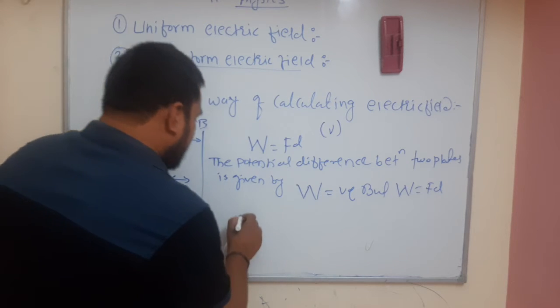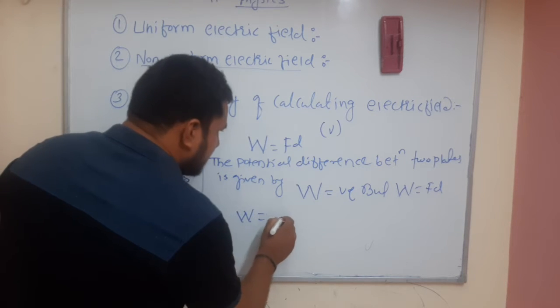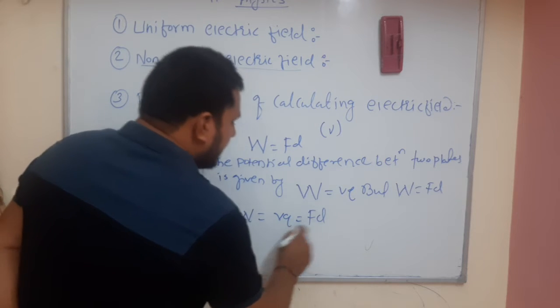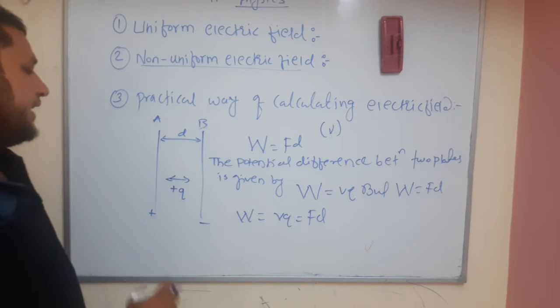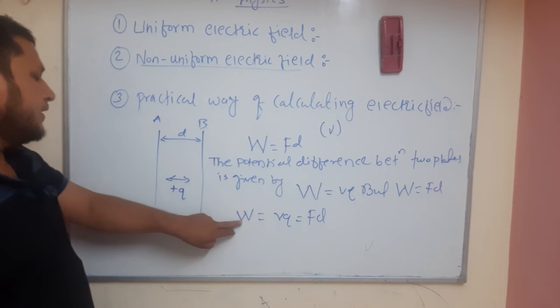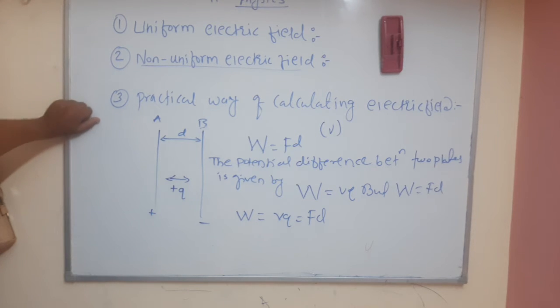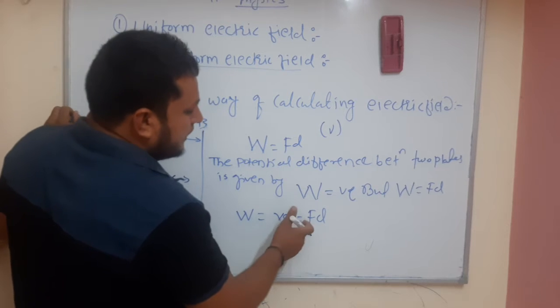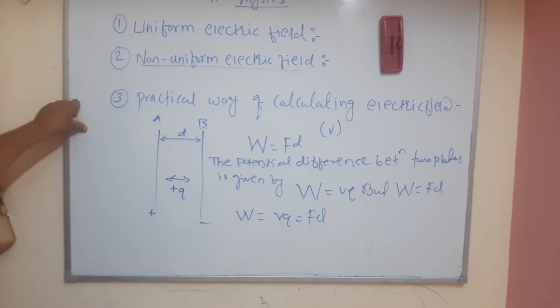It means W equals VQ equals FD. From this equation we understand that the work done is the potential difference between the two plates into the charge, which equals the force into the distance between them.